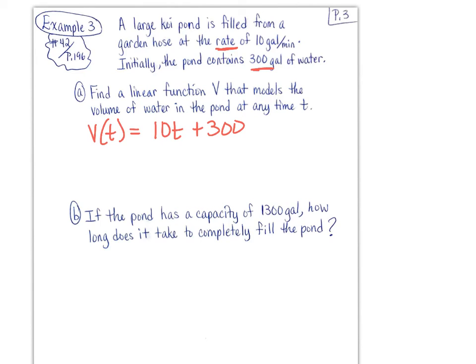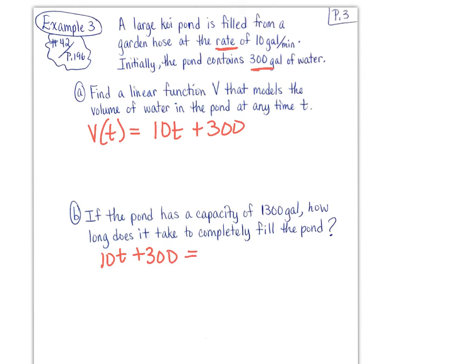Now, if the pond has a capacity of 1,300 gallons, how long does it take to completely fill the pond? So here, I'm asking you to find what? T, very good. But in order to find T, you have to use part A. That's your V of T. So you would have 10T plus 300.